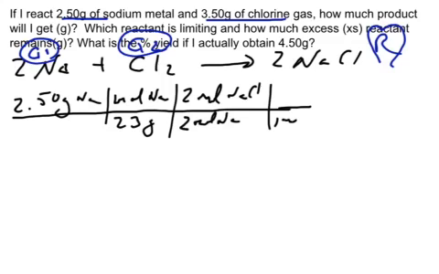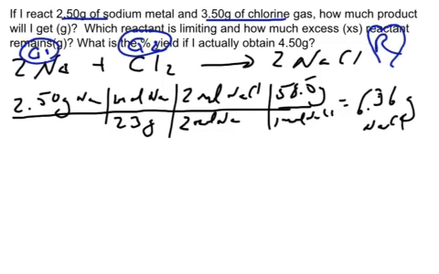For every 1 mole of NaCl, it weighs 58.5 grams. So when we run that in the calculator, we end up with 6.36 grams of NaCl.